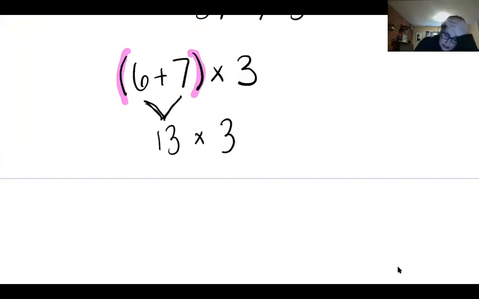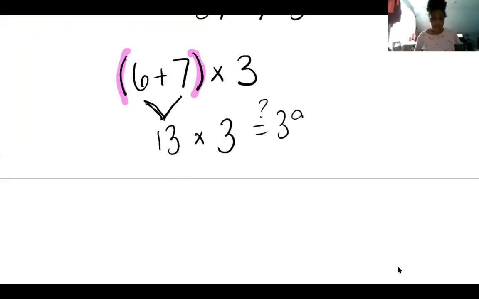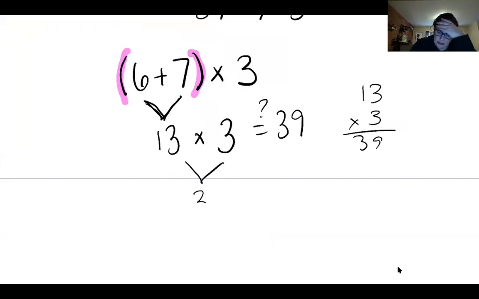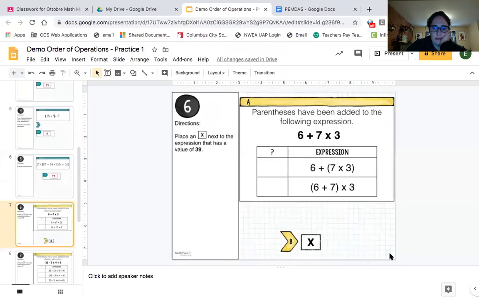And then what is 13 times 3? 39. So 39 does equal 39. Neat. Then we would go back and put an X. We would move this X right there.